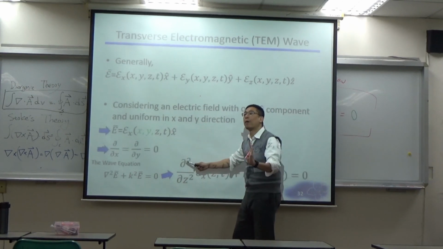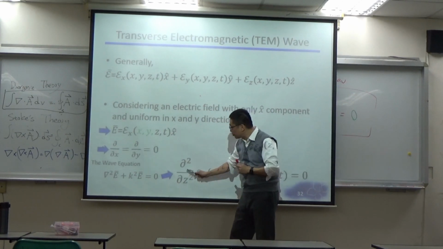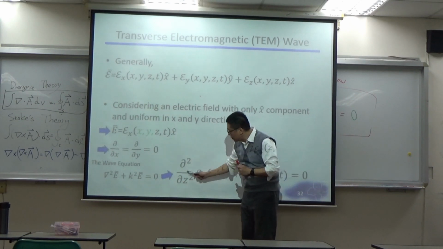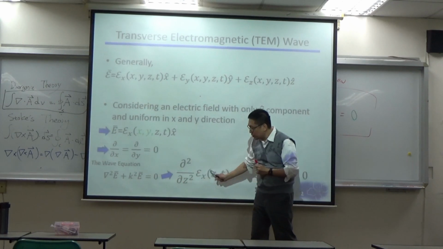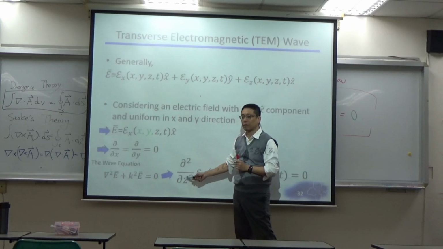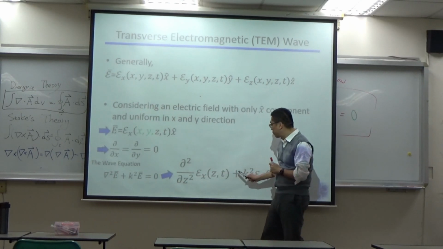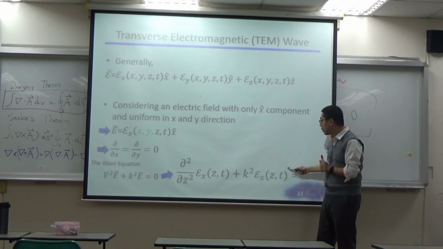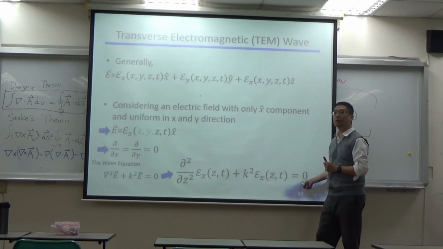You don't have x and y. And this term will be left. This unknown function, take a second order derivative in z, plus k squared multiplied by your unknown function equals 0. This is a scalar equation now, and it's much easier.